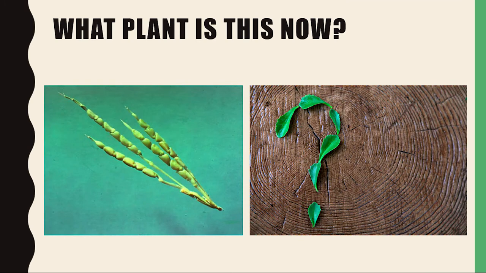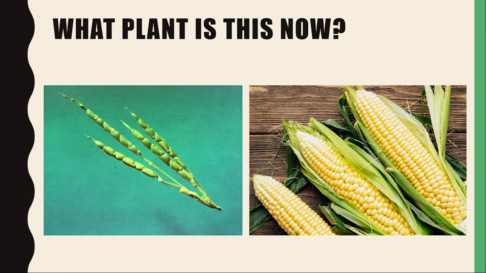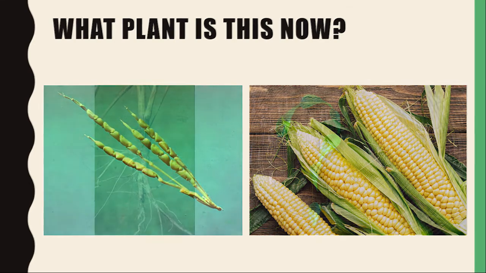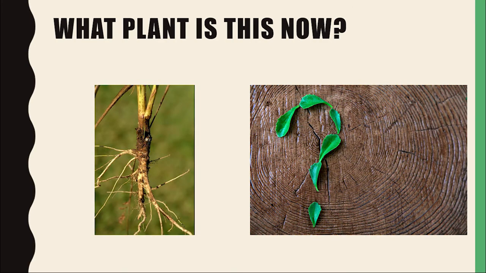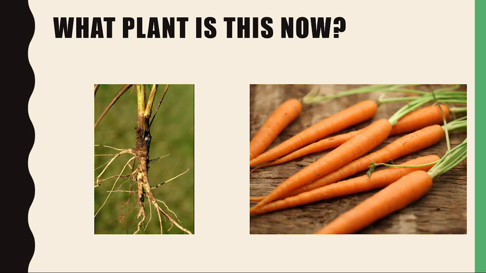So for our second plant, what do you think this may be? It's corn, and it's gotten a lot more appetizing over the years. So now, what may we have here? If you guessed this one, really good job.